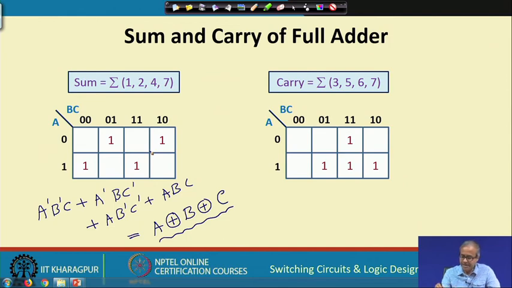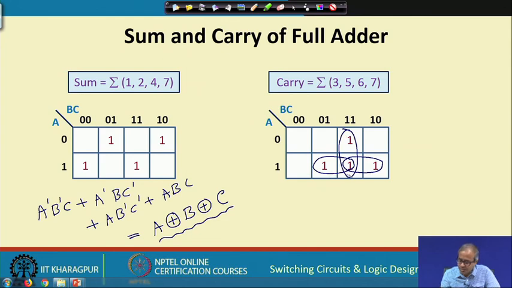Okay. But carry you can minimize. You can make 1 cube like this, 1 cube like this, and 1 cube like this. Some of the true min terms might get covered by more than 1 cube, no problem, but you should ensure that all the true min terms are covered. So, what will be the function?